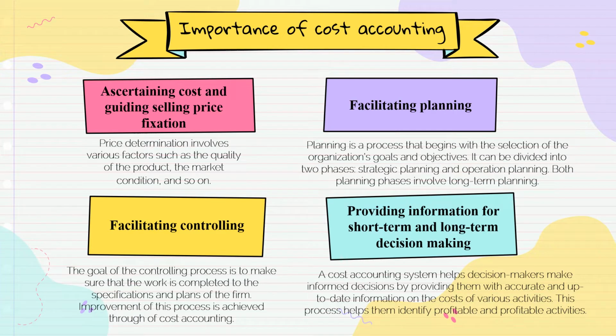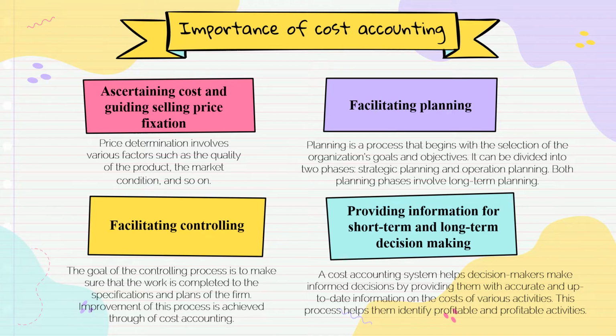Next, I will present about the importance of cost accounting. Firstly, ascertaining cost and guiding selling price fixation. Price determination involves various factors such as the quality of the product, the market condition, and so on. Secondly, facilitating planning. Planning is a process that begins with the selection of the organization's goals and objectives.